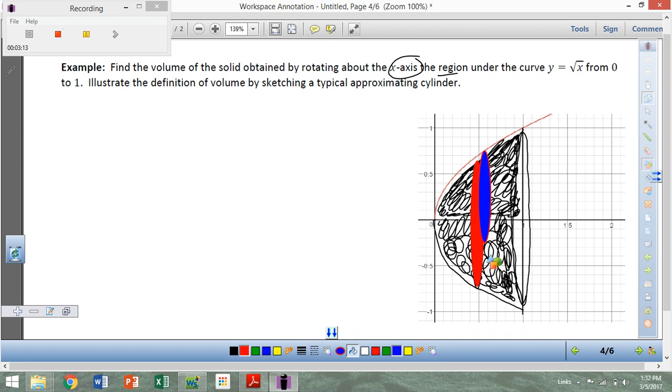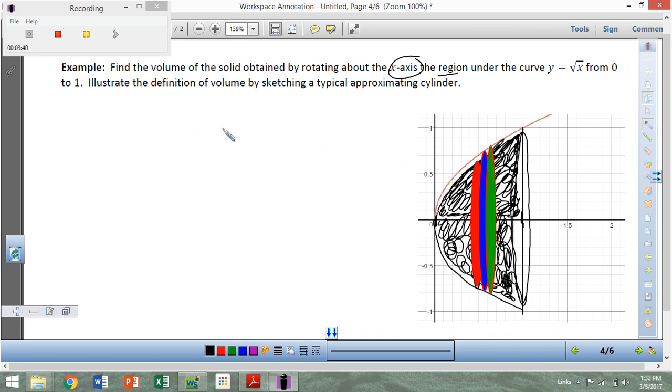If I keep on slicing, I keep getting more and more of these circles, stacking them on top of one another until I get this exact shape. If you can visualize that, that's what we've got going on: a bunch of circles stacked from here all the way to here, and I just stack them up and I get this solid shape.